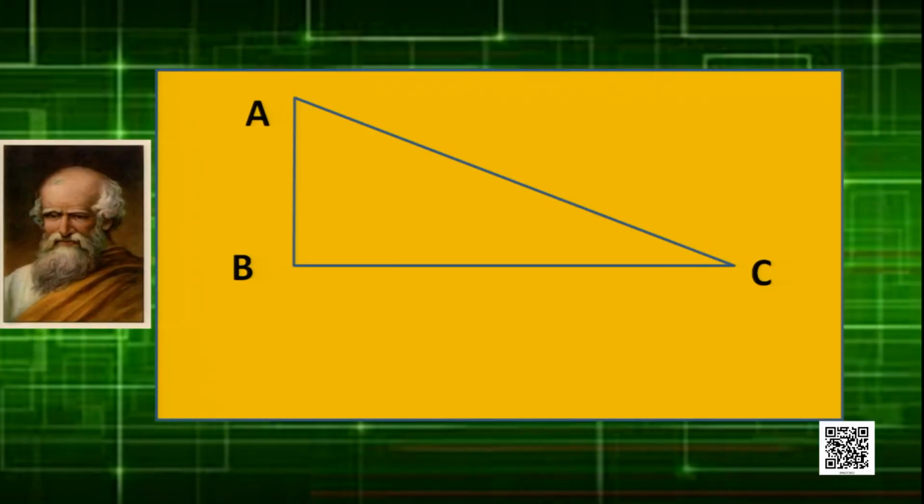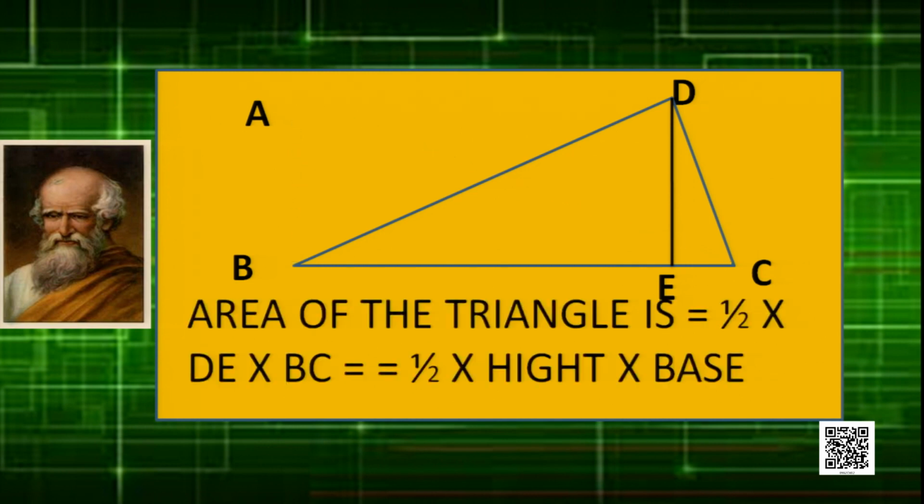Now you see, if in this figure ABC is a right angle triangle, then we can have another triangle DBC with the same base and same height. So DE is equal to AB. In this case, the area of triangle DBC is also half into DE into BC.